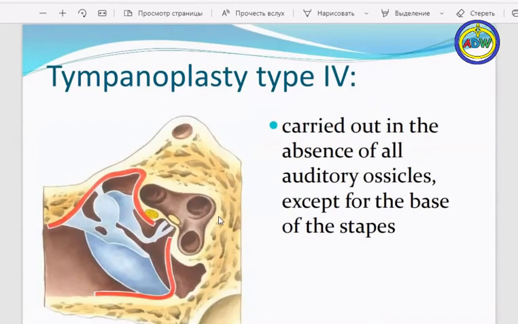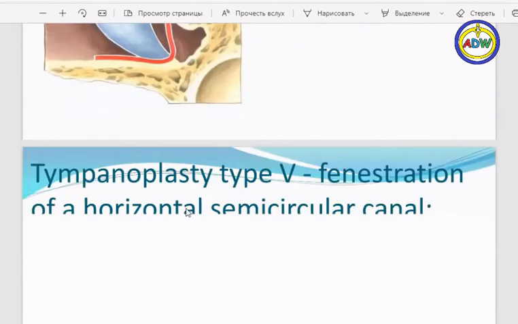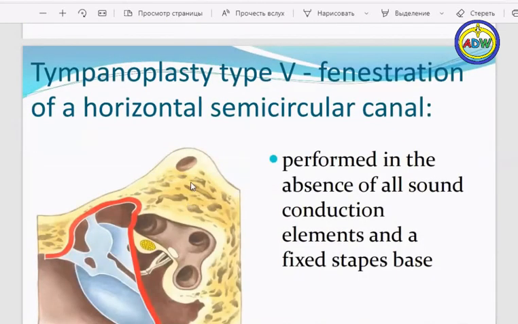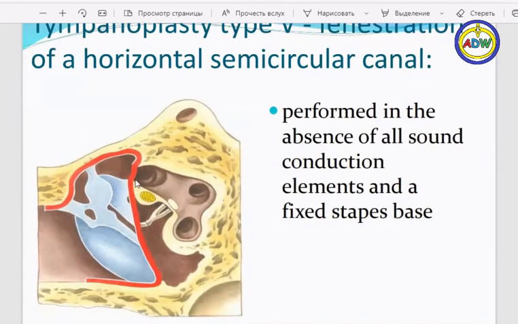And next, type 4 tympanoplasty is carried out when all auditory ossicles are absent except for the base of the stapes. And tympanoplasty type 5 is fenestration of the horizontal semicircular canal. It's rare. We perform fenestration of the horizontal semicircular canal in the absence of all sound conduction elements and a fixed stapes base.